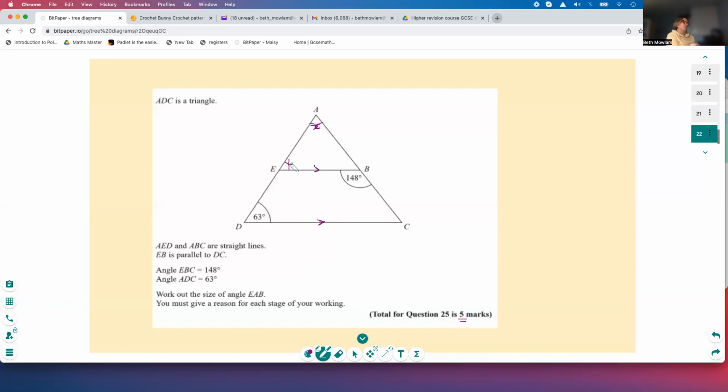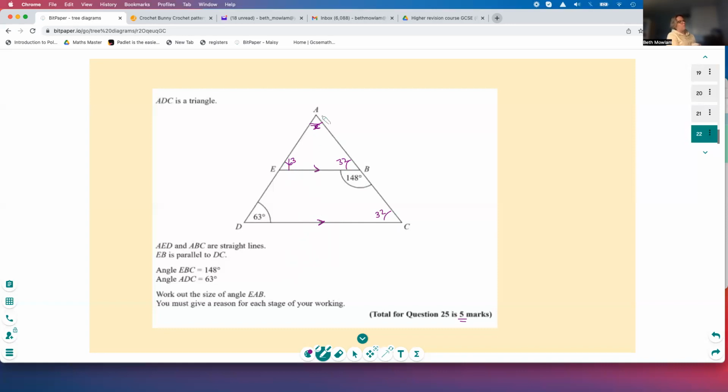Let's say 63 and 63. Got a straight line here, 148, means that'll be 32, which also means that'll be 32 because they're corresponding.